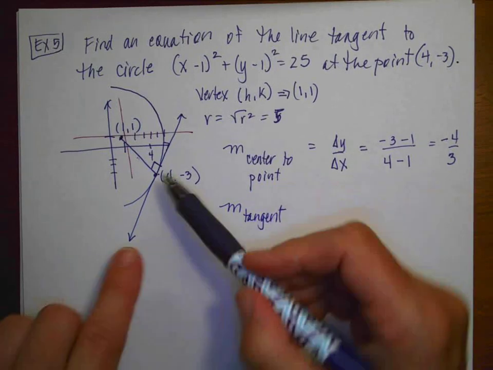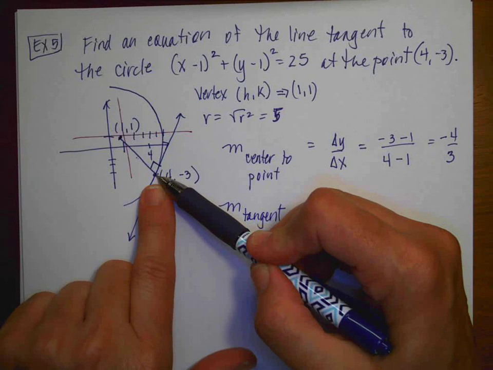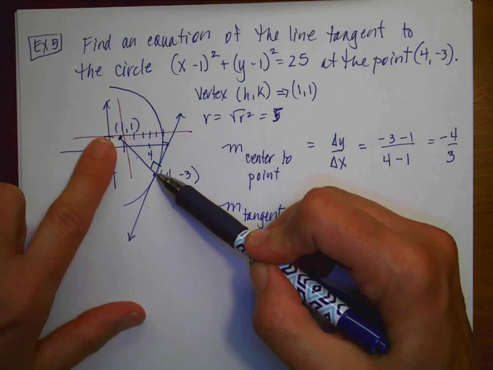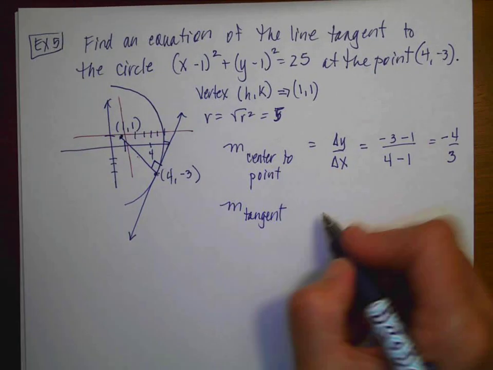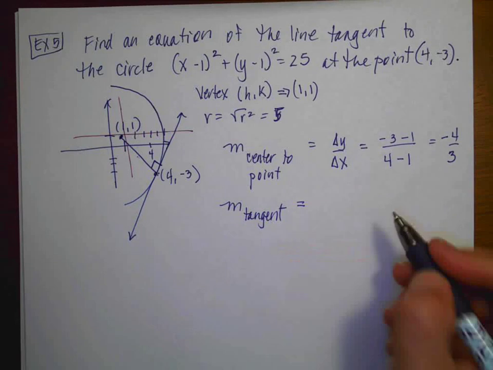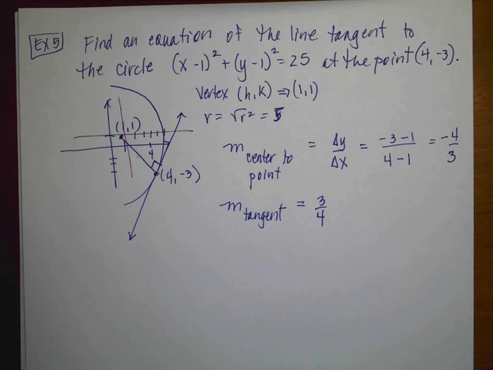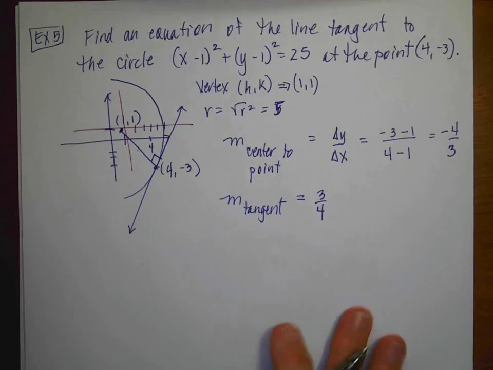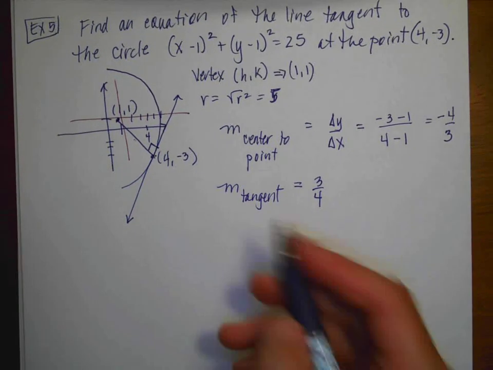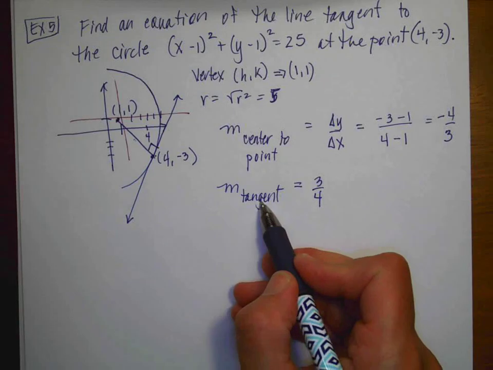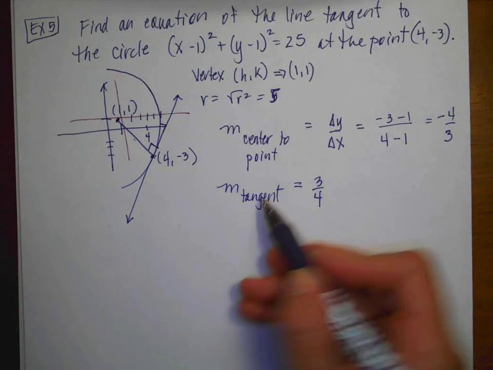So then the slope of the tangent, because when I have a tangent to a circle at a point and I draw the radius, this is perpendicular, so the slope of the tangent line is going to be 3/4. So that's actually pretty easy. It looks like a complicated problem, but it's really pretty simple. So now I'm ready.